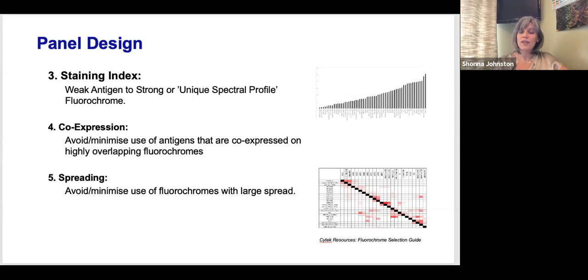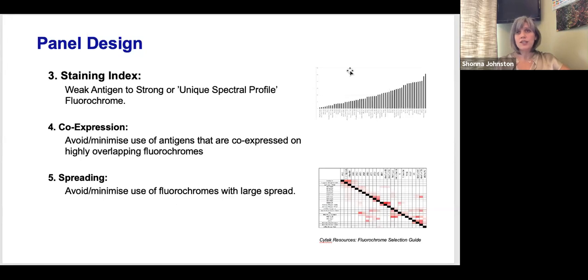Strong and weak is important, but unique is important too, to try and make sure that you've not got too many issues with spreading. And you would have to think about your co-expression as well. You don't want to choose highly overlapping fluorochromes on antigens that are co-expressed.